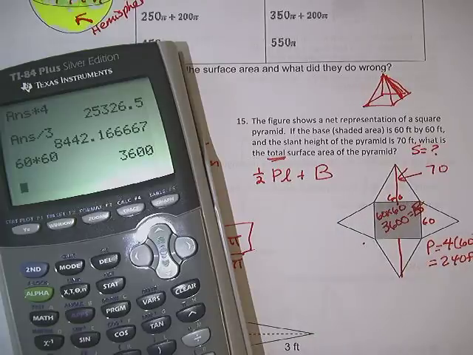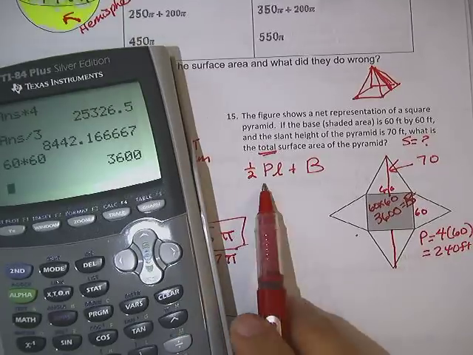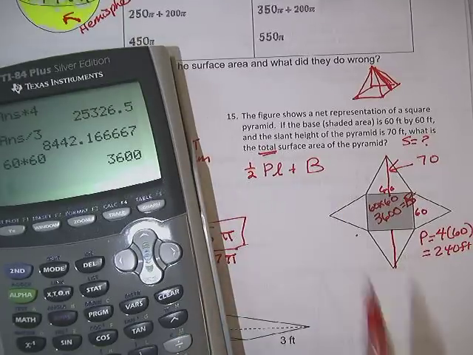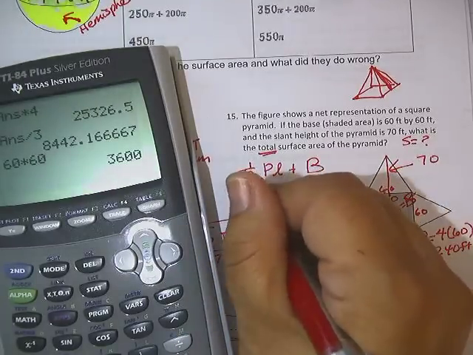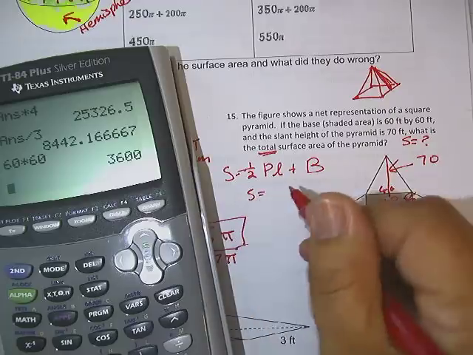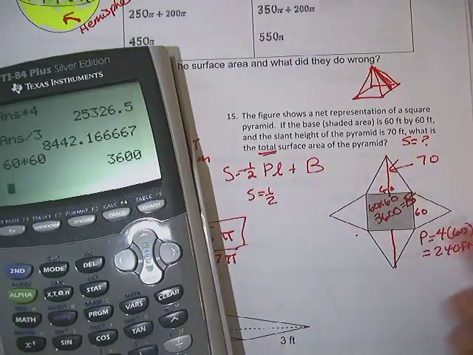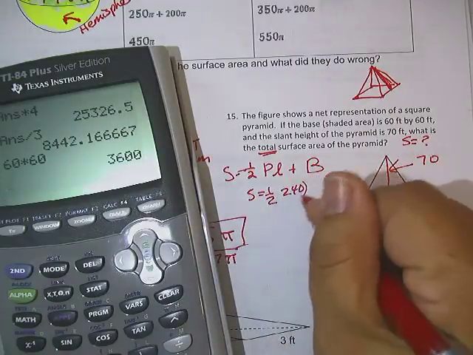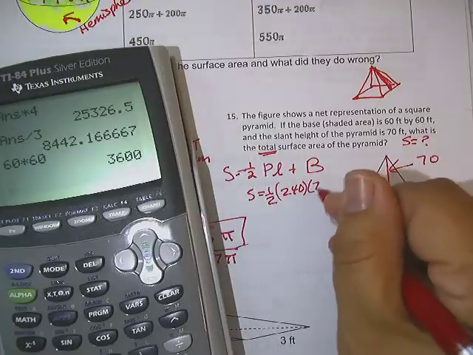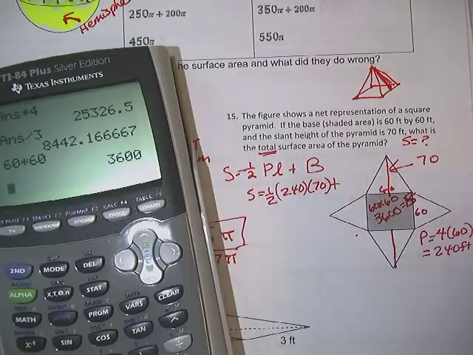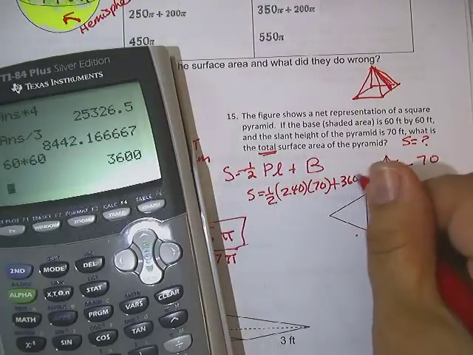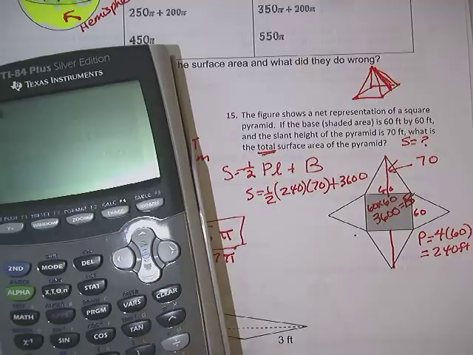So now I know the perimeter, I know the slant height, and I know the base. I can just substitute. I should put my S there. I shouldn't really drop parts of my formula. So 240 times 70 plus 3,600. Let's do 240 times 70, and then the divided by 2.